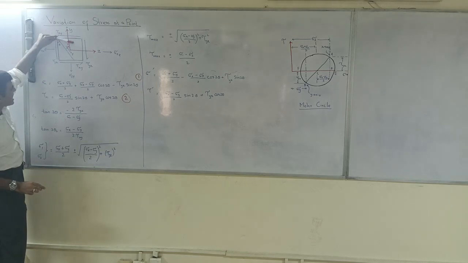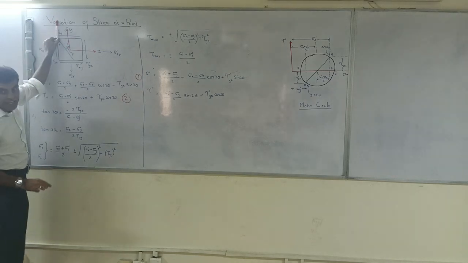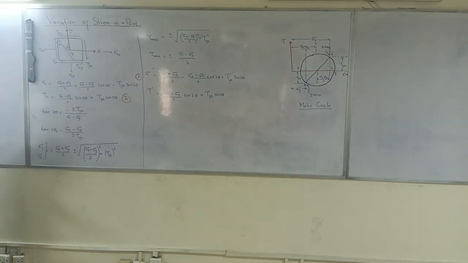What we are interested in is finding out that theta which will give us maximum stress. So that means we have to maximize this equation. That means we differentiate that with respect to theta, equate it to 0, and find out our theta.